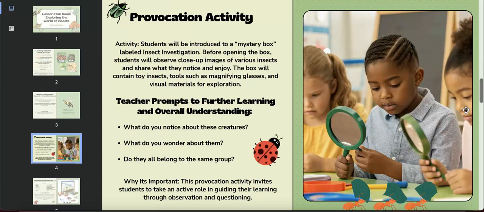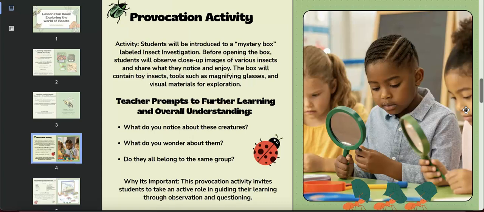So my activity here is that students would be introduced to a mystery box labeled Insect Investigation. Before opening the box, students would observe close-up images of various insects and share what they notice and enjoy so far with the activity.